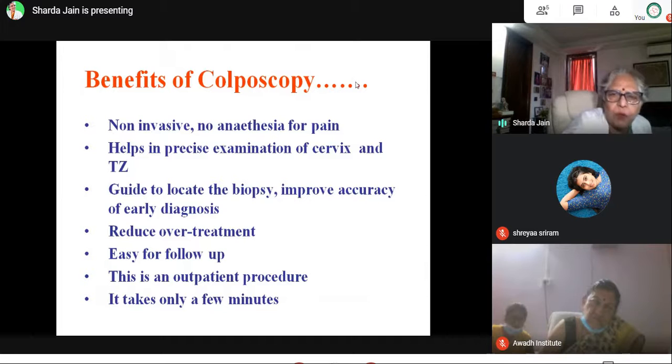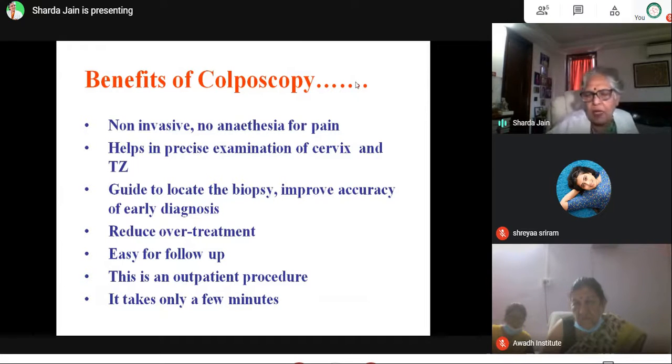It is always an outdoor procedure. No anesthesia is used anywhere in the world. Gynecologists in India who do it in the theater want to make things very expensive, and the procedure, which is meant for the public, goes out of their reach because the investigation becomes expensive.